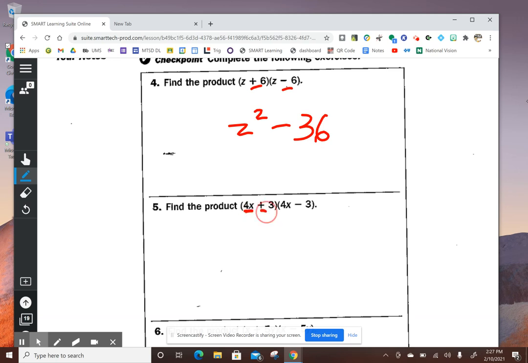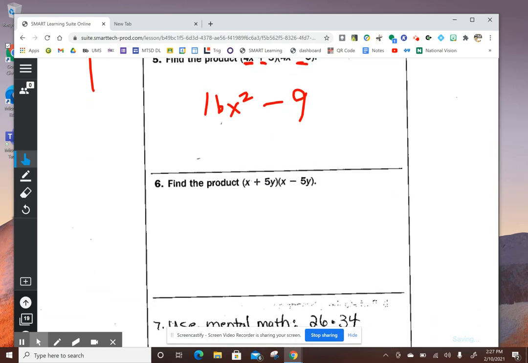Again, I notice it's plus minus, so square of the first minus the square of the last. Okay, and again, number 6, you guys go ahead and do it on your own. Hopefully you got square of the first minus square of the last.